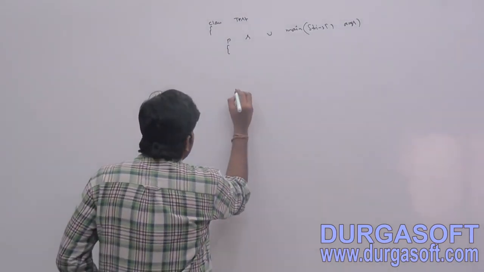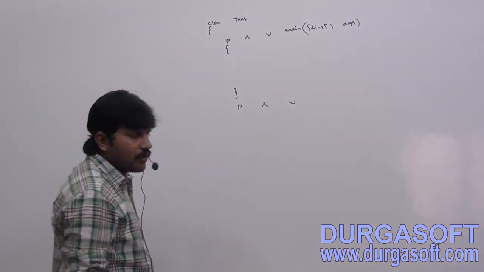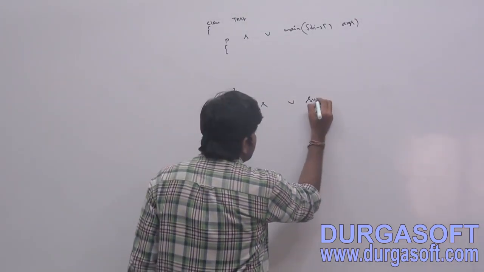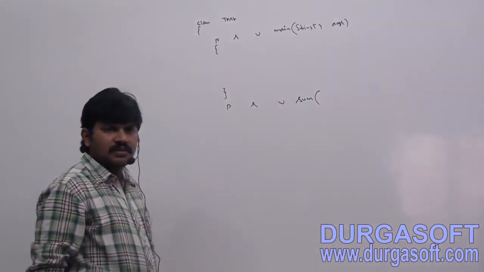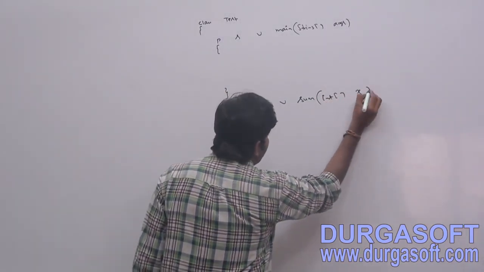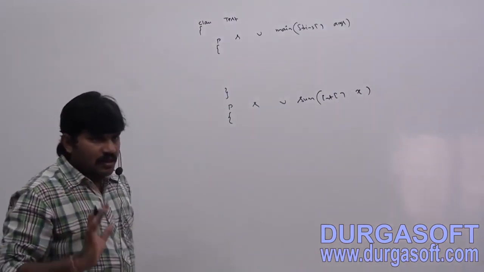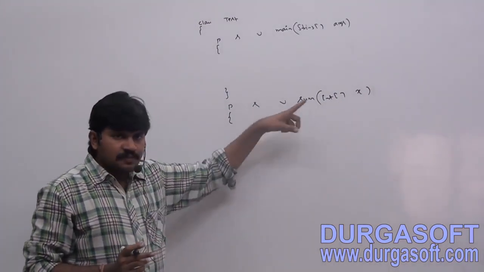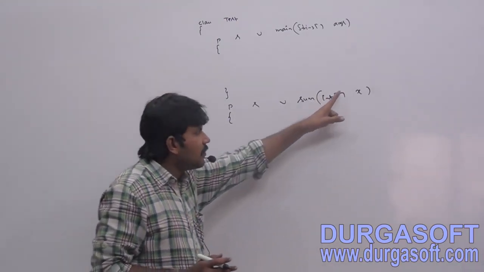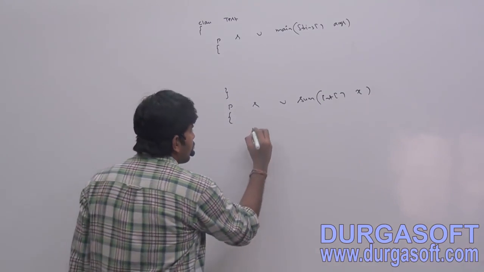Now, sir, just observe, I have one method here, public static void sum. The sum method can take an int array as an argument. The purpose of the sum method is to print the sum of elements present in this array.